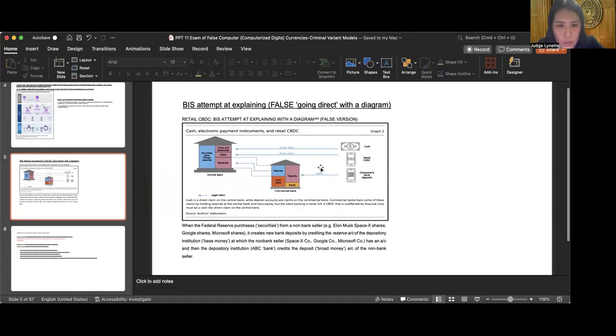Here, for example, if the Federal Reserve purchases securities from a non-bank seller, for example, SpaceX shares, Google shares, Microsoft shares, it will create new bank deposits by crediting the reserve account of the depository institution, or base money, at which the non-bank seller, for example SpaceX, Google X, Microsoft company, has an account, and then the depository institution, ABC Bank, credits the broad money account of the non-bank seller. So it credits the deposit broad money account of the non-bank seller.